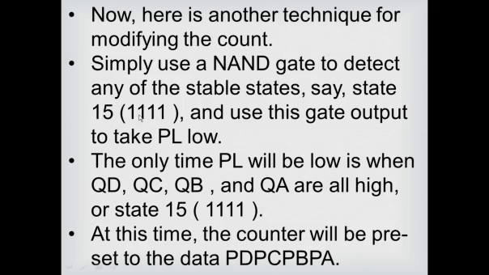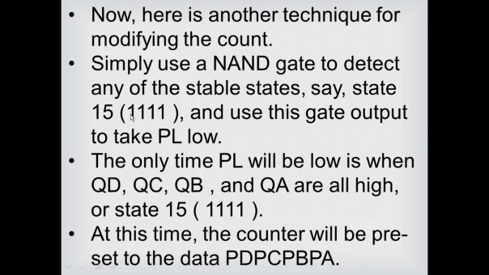We can choose any state from 0 to 15, and whichever state we choose is going to be an unstable state. Remember, that state will no longer be seen, it will appear only momentarily, and that is why it is called an unstable state, and it will immediately disappear. For example, we have chosen the state number 15.